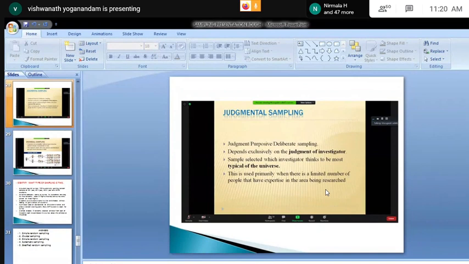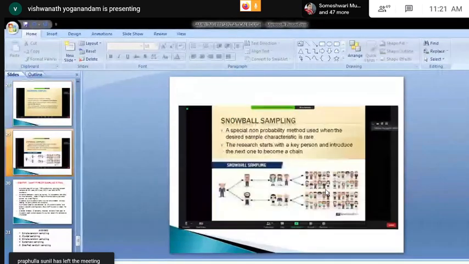For example, you can say a person having 5 years of disease, I will select. This is used primarily where there is a limited number of people that have expertise in the area being researched. As I told you, in medical research, this is used.